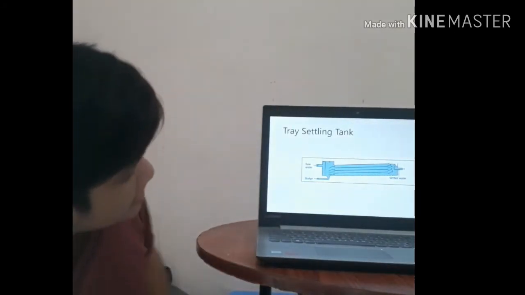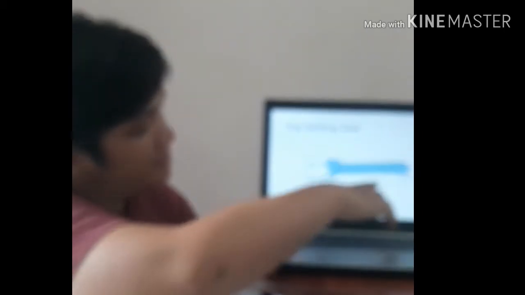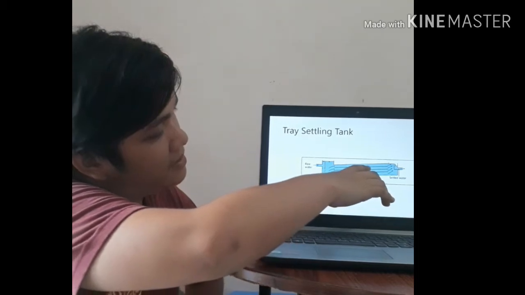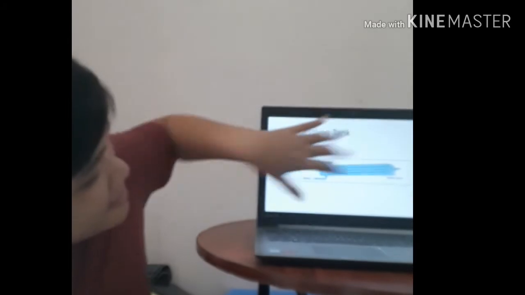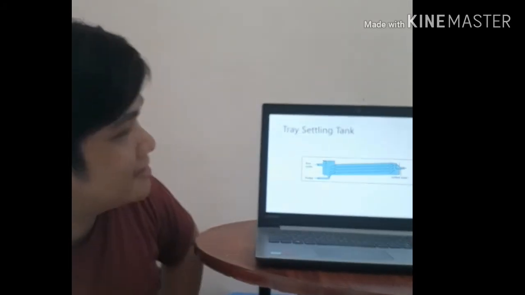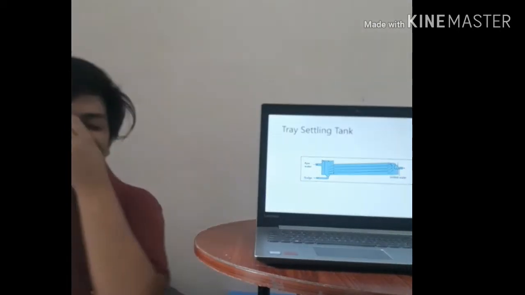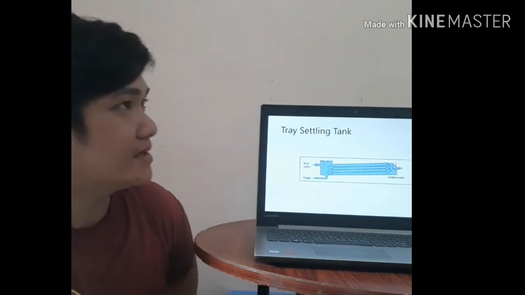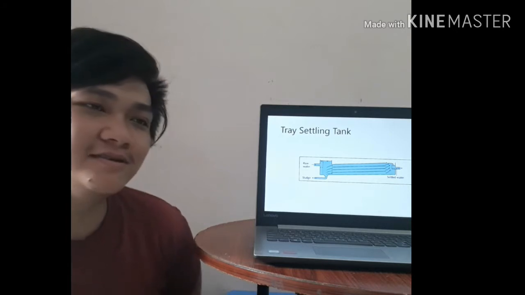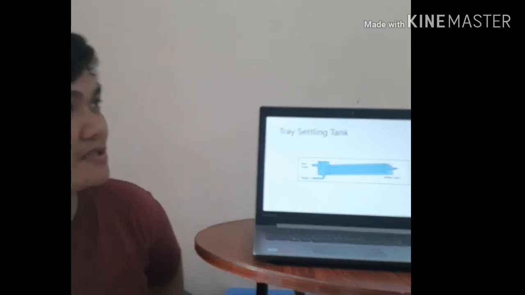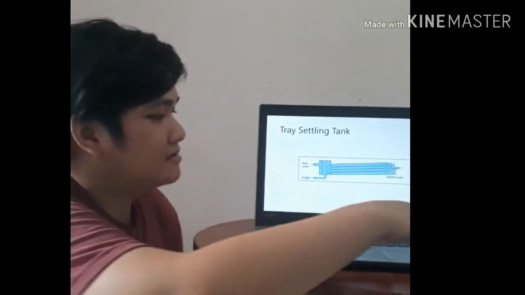You can also settle the sludges in the water, but this time it has more layers where sludges can be settled.